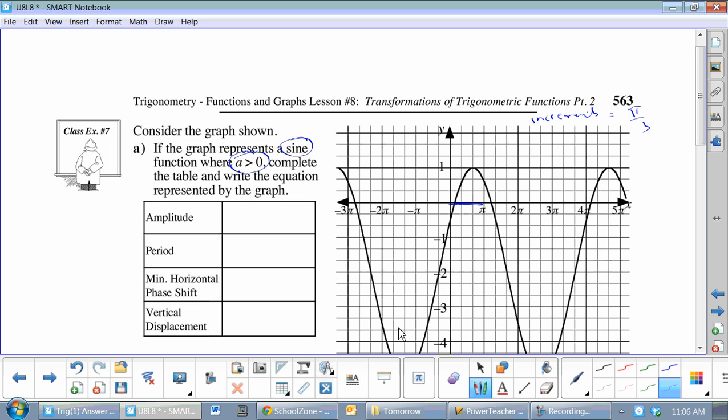The next thing I do is draw the sine graph. Now, this one's going to look a little bit weirder because look where 1 is, right? So it's going to look like this. Comes down here. And about right there.